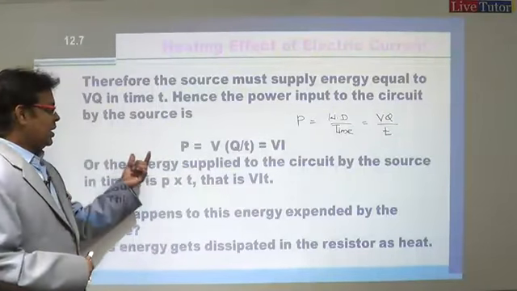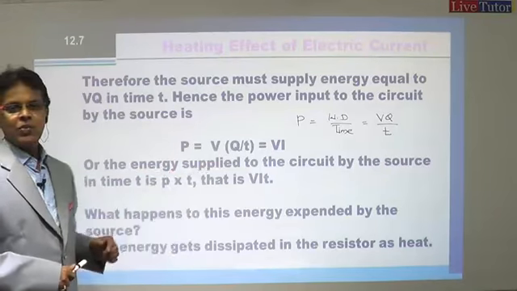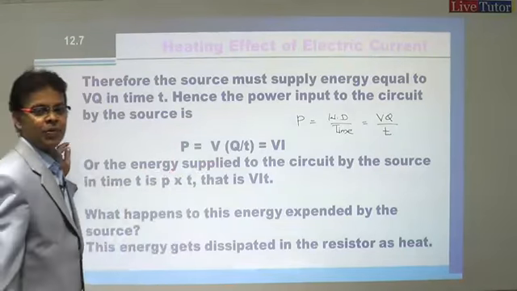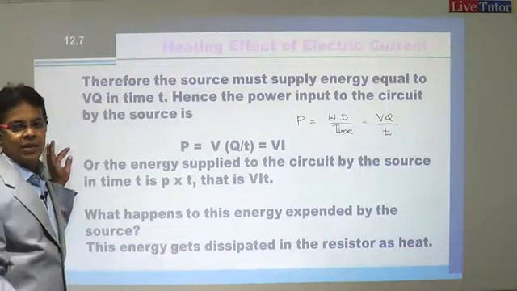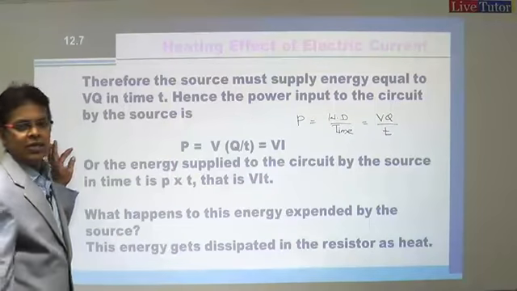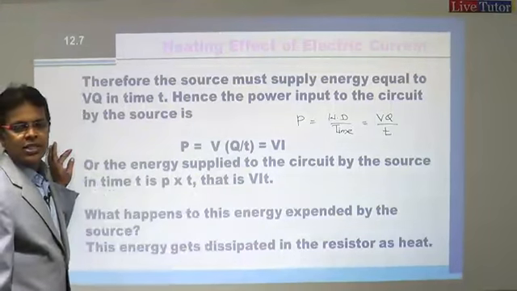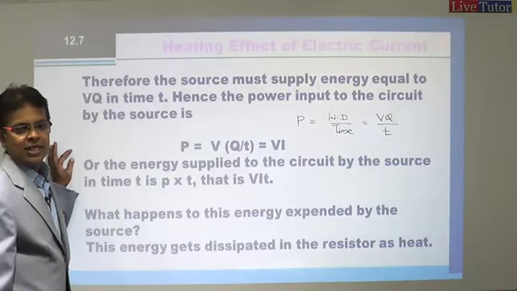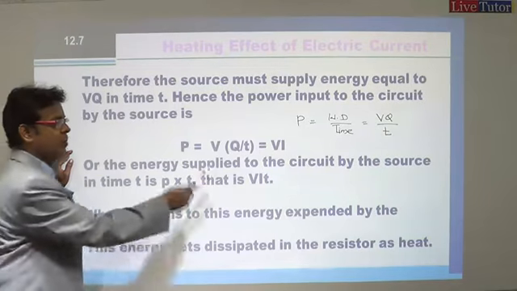Then the energy supplied to the circuit by the source in time t: for a particular time, how much energy is supplied? You multiply this with t, so that this is nothing but VIt. So energy supplied is VIt in time t. These are the two formulae you have to remember.